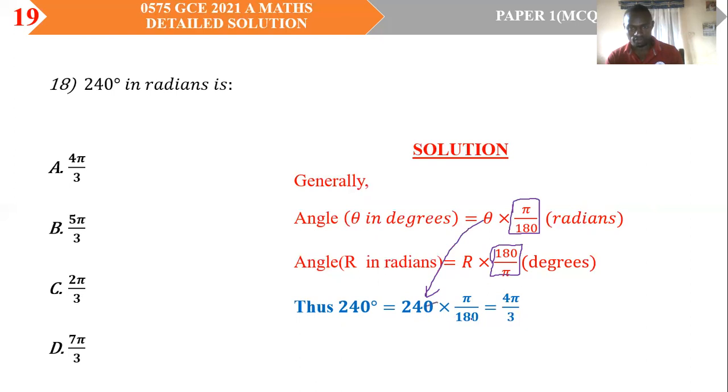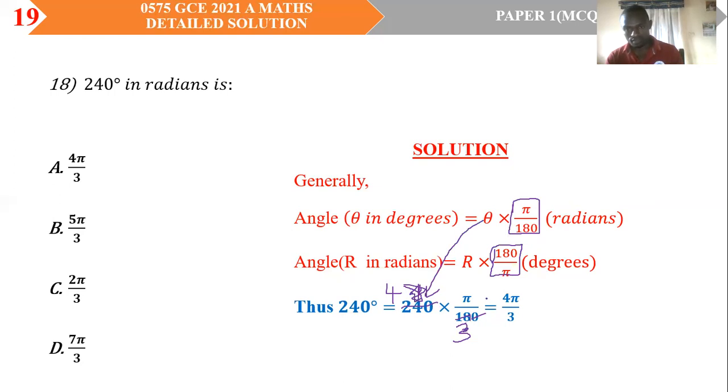0 cancels 0. 6 goes into 18 3 times. 6 goes into 24 4 times.